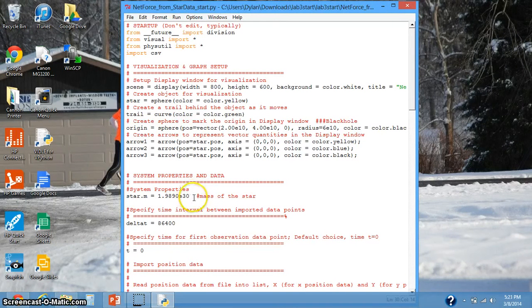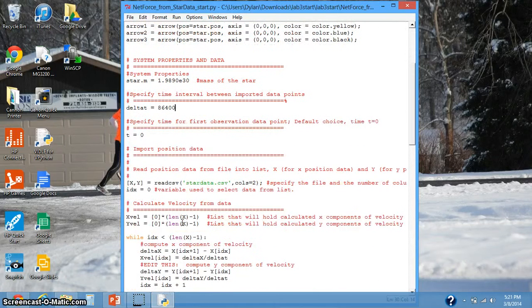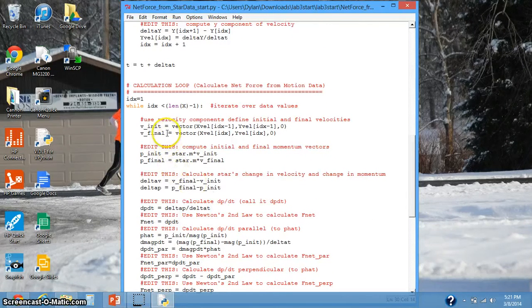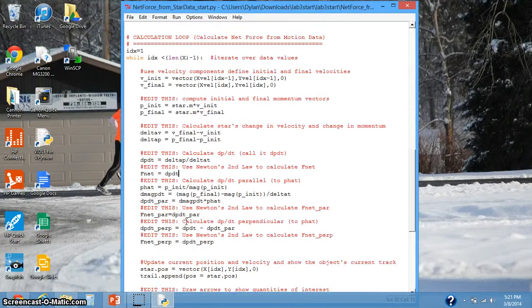Shown here are the star's mass and the delta t time step as given by WebAssign. The next step was to read the stardata.csv file in order to determine the changing positions of the star through its orbit, which as a result changed its velocity as mentioned before, which yielded delta v. This delta v was used to calculate delta p, which we then said is equal to dp dt and Fnet by this relationship.